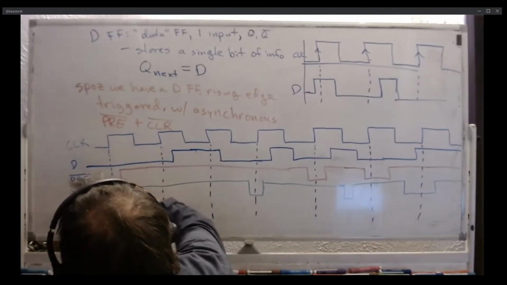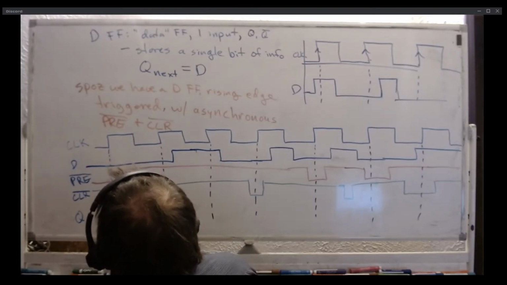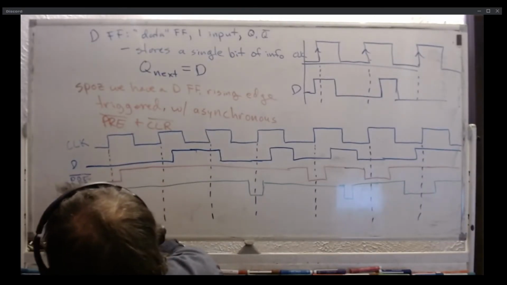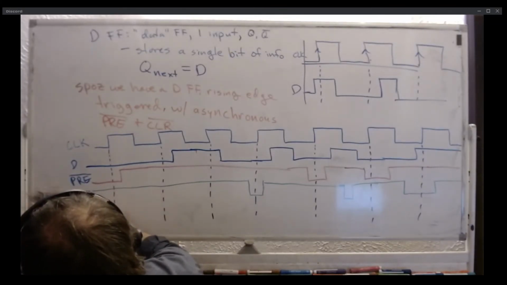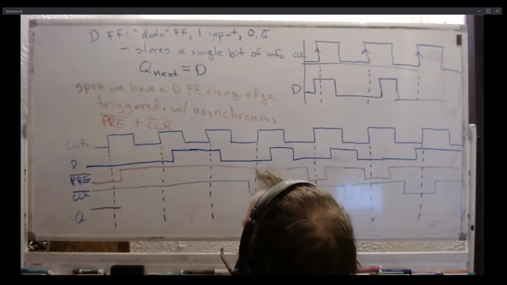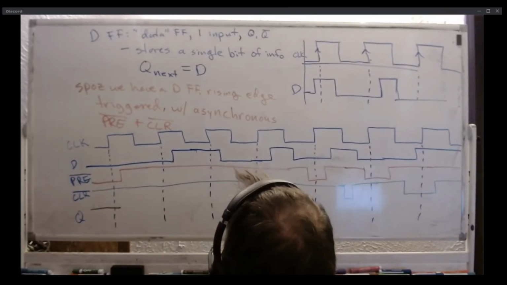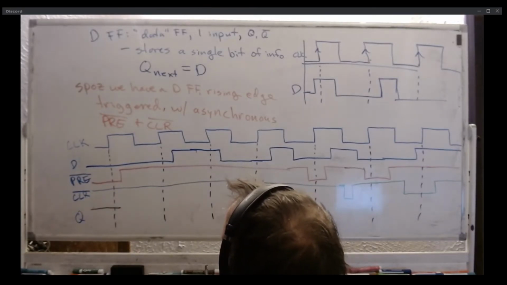Guys, preset's active. Do you see that, everyone? Right here. So preset's active, so that means the flip-flop is going to be high. Q is going to be high. Okay? So whenever preset is active, Q is automatically high?